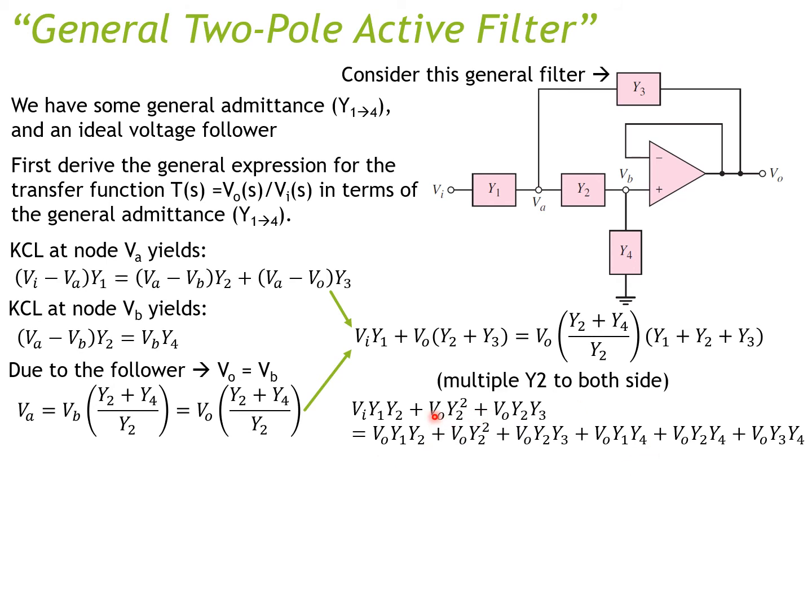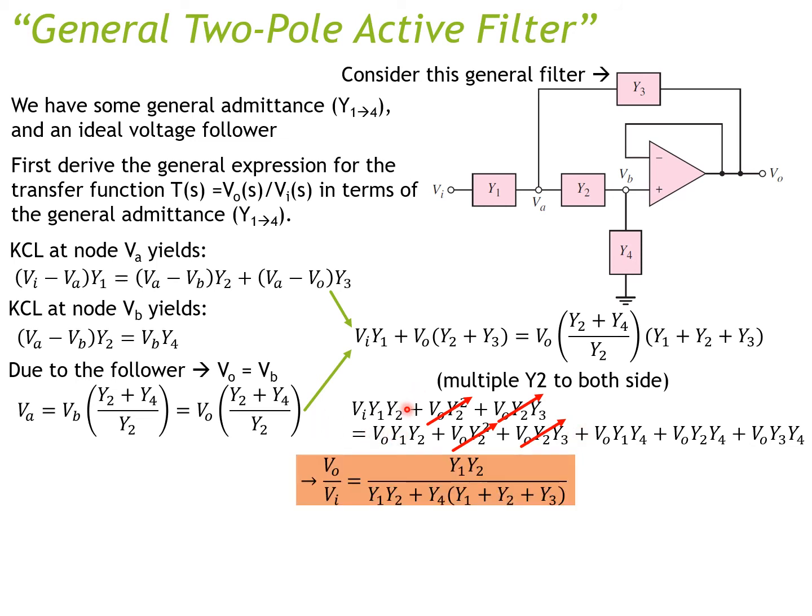Now I realize I can cancel something from both sides, so I cancel this term and this term because they look similar on both sides. Now I'm left with the rest, and I can derive my VO over VI, and I have this expression.